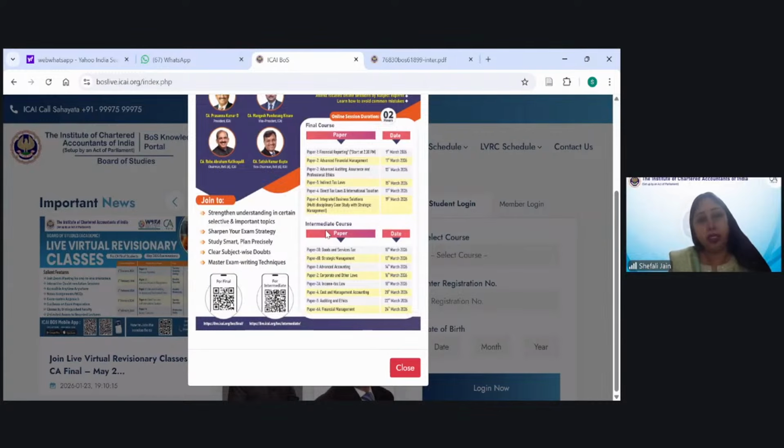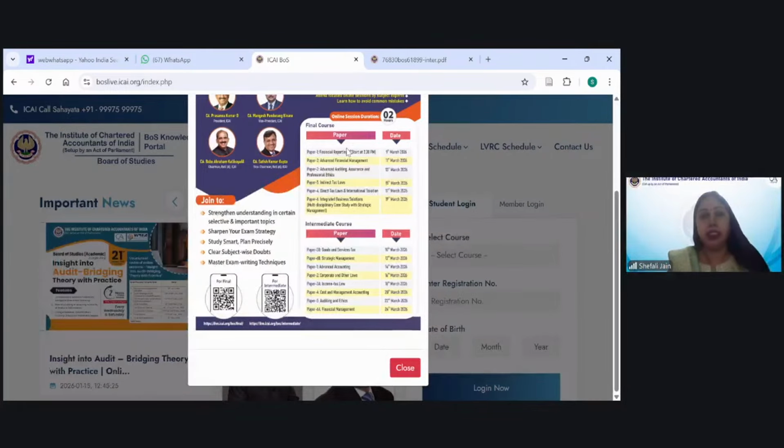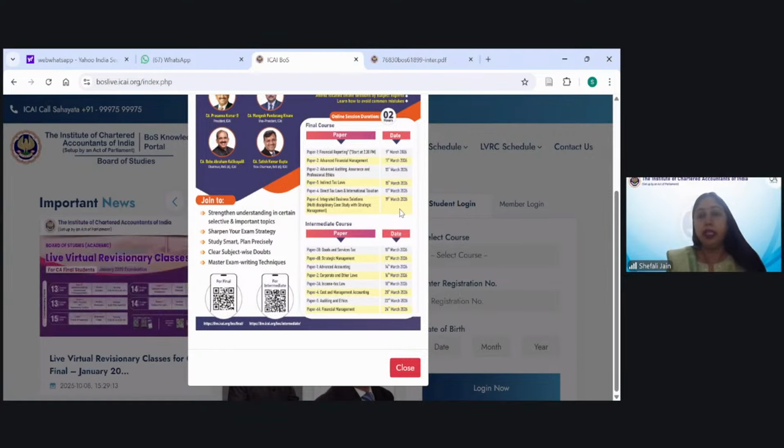Once the fortnight gets completed, we will have the schedule of Success at CA Exam here. So this is one of the places where you will get the fortnight schedule. Plus, you'll be getting it in the announcement also.